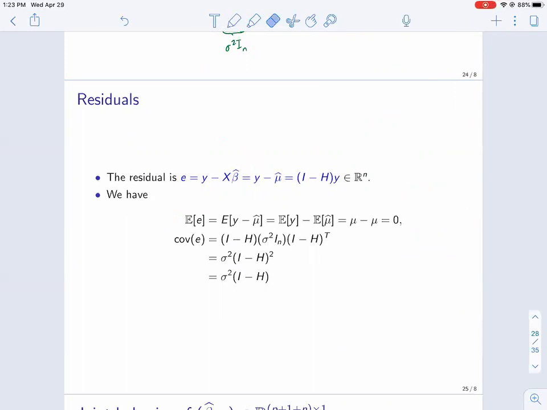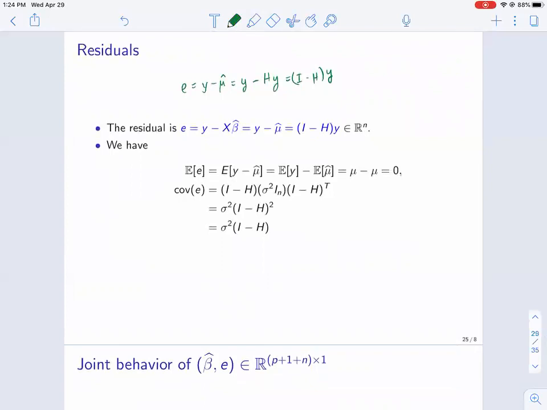So I can write this as E is equal to Y minus mu hat, which is equal to Y minus HY, which is equal to I minus H times Y. So these are all valid formulas.